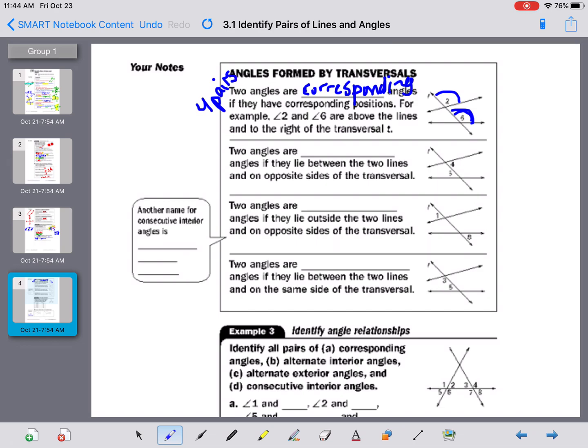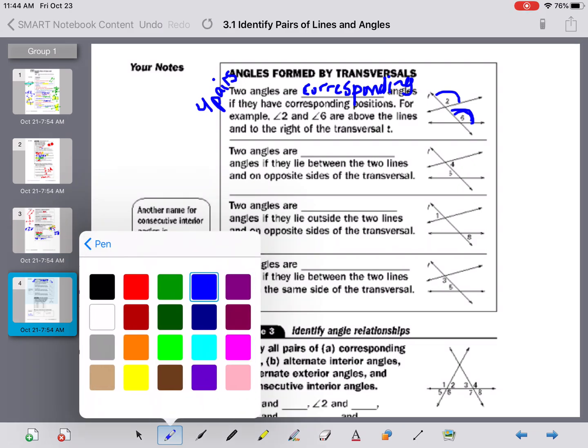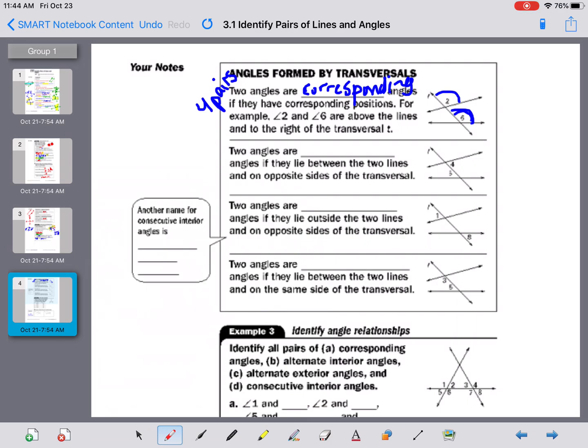If I ask you on your homework, and there is a question on your homework for corresponding angles, you should give 4 pairs, okay? The next one, 2 angles are blank angles if they lie between the 2 lines on opposite sides of the transversal. So inside here on opposite sides, we call those alternate, that's the opposite sides, interior, because they're inside. And again, there's 2 pairs of these.